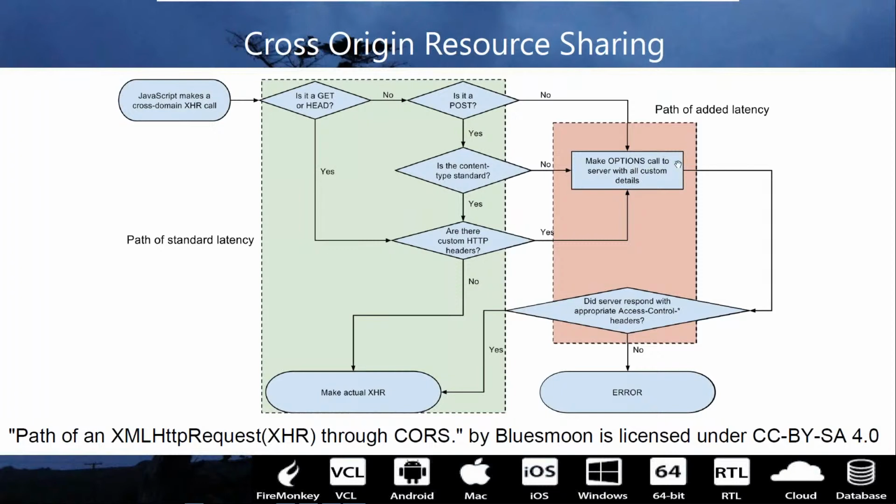And that OPTIONS call should reply whether or not access control is enabled across multiple domains. And if it doesn't add those access control headers, the error will occur. And we haven't done anything like that in our web service. So we need to add some capability in our web service to respond correctly to access control header requests.